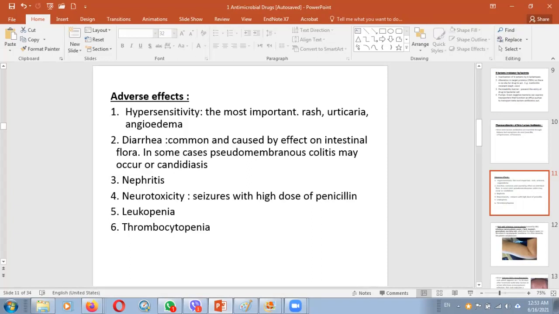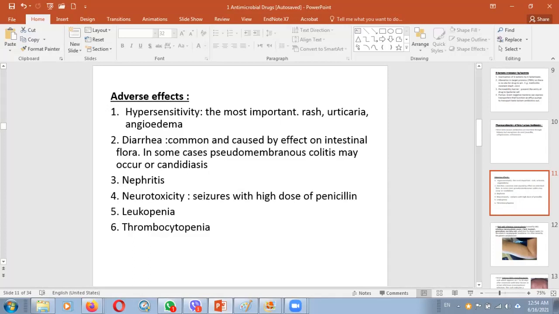Pseudomembranous colitis is a serious complication or adverse effect that results from antibiotic usage that leads to destruction of the intestinal mucosa, so damage is induced by these bacteria, causing disturbance, damage to the intestinal mucosa and severe diarrhea. So this is a serious adverse effect. Candidiasis means overgrowth of fungi.